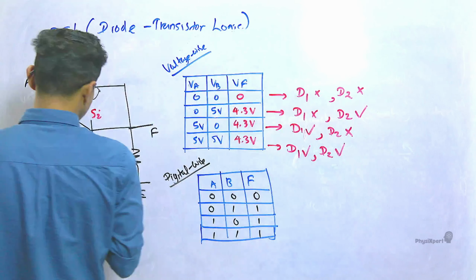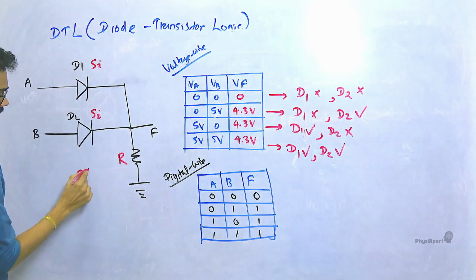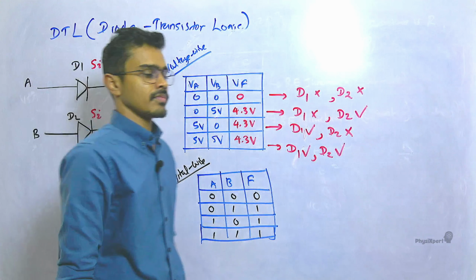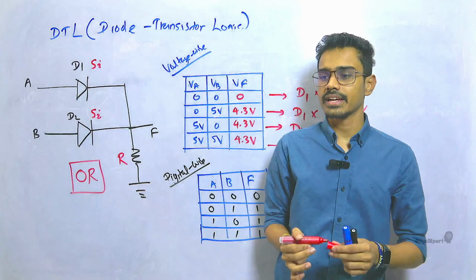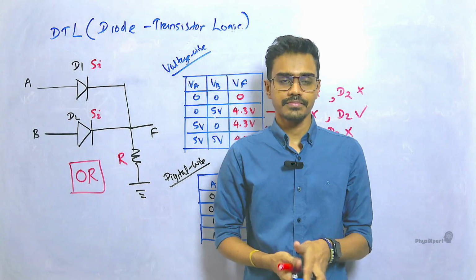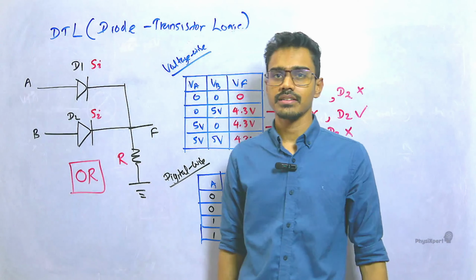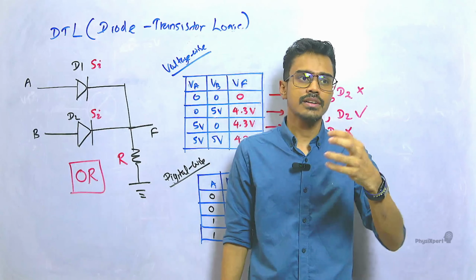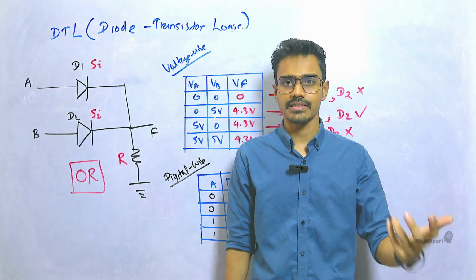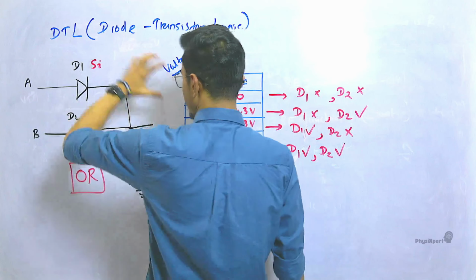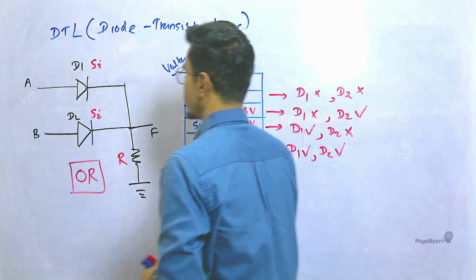Then this is the DTL circuit of an OR gate, which means this is how the OR gate can be demonstrated using analog circuits. Usually for the demonstrations we use transistors and diodes. Then this is the analog circuit of an OR gate.